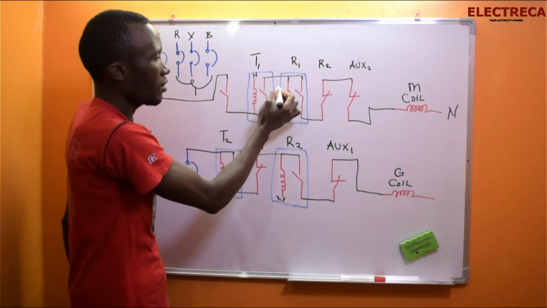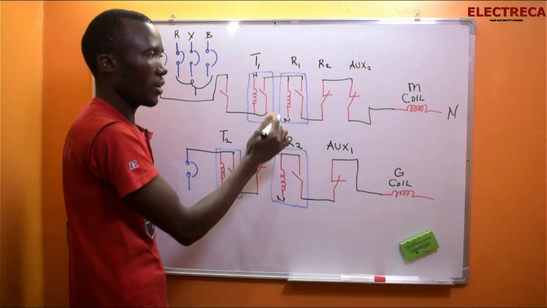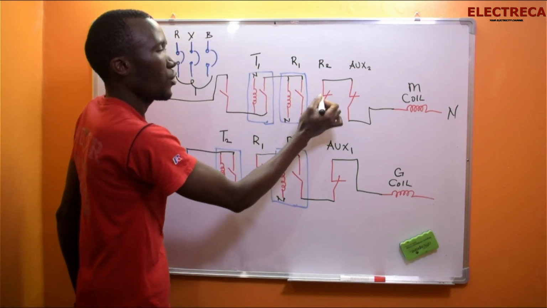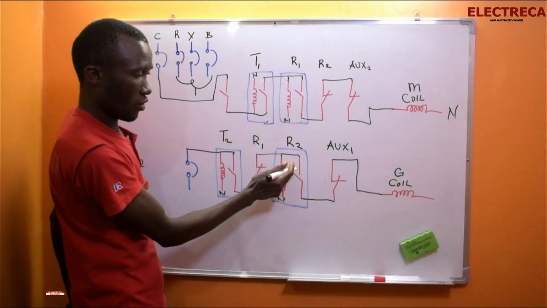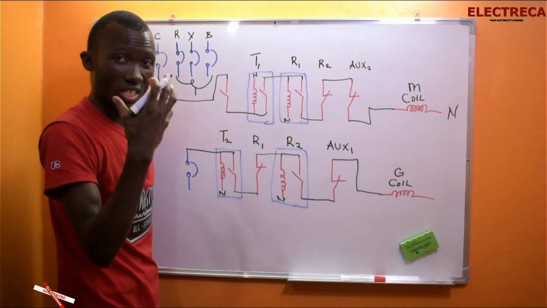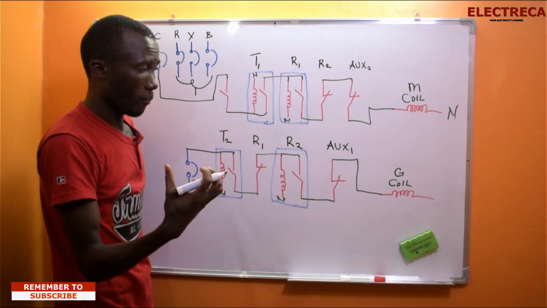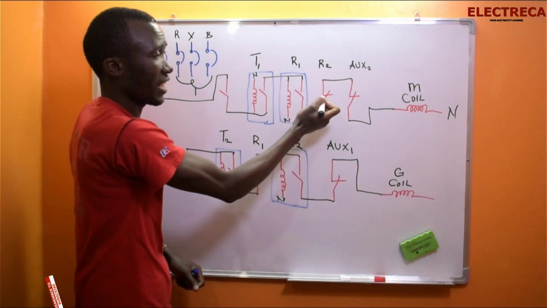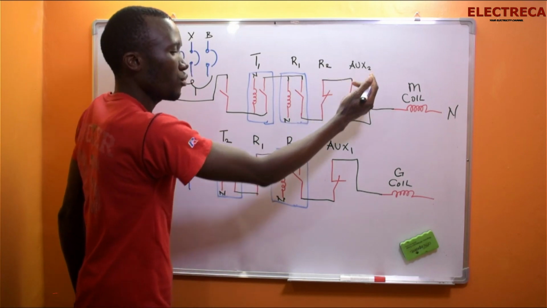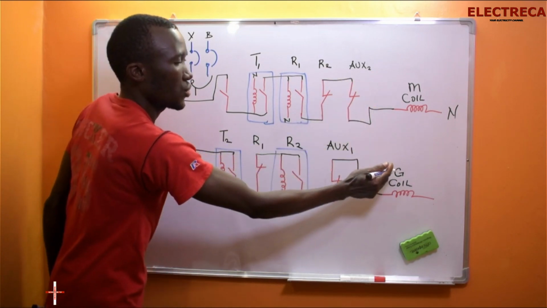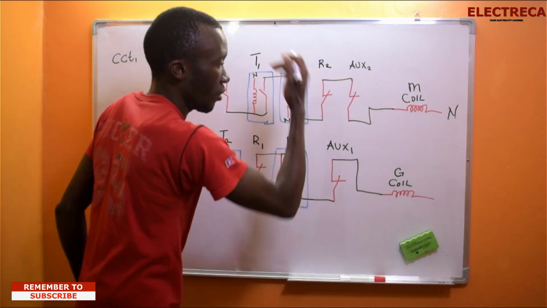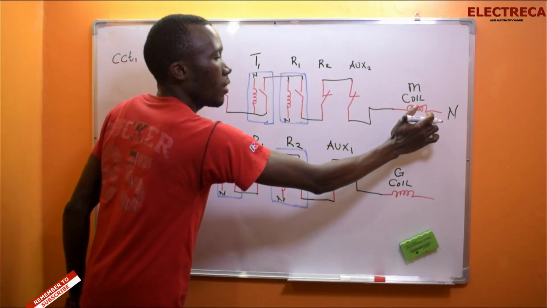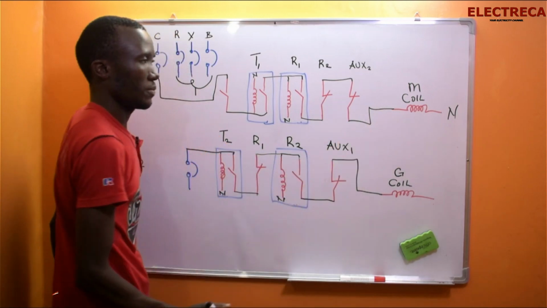Relay number 1 also closes its normally open contact, and then the current will flow through relay number 2 of the gen because it's not closed, okay? It's open, it's not energized. So meaning that these contacts are closed. So we go through the contact of the gen, opposite 2, and then to the coil. And now we'll have generator supply, main power supply here, our contactor will get engaged.